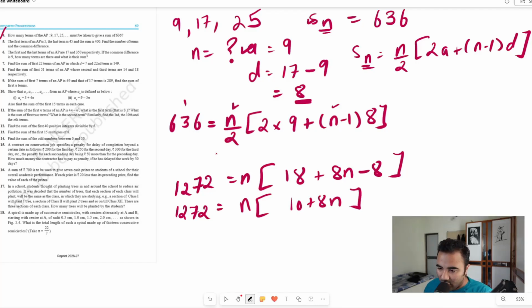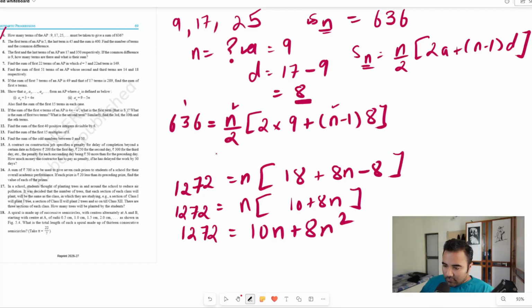So what we have is 1272 is equal to 10n plus 8n squared. You can still take 2 common, I think. 636 is equal to 5n plus 4n squared, right? I'll have to make some space.